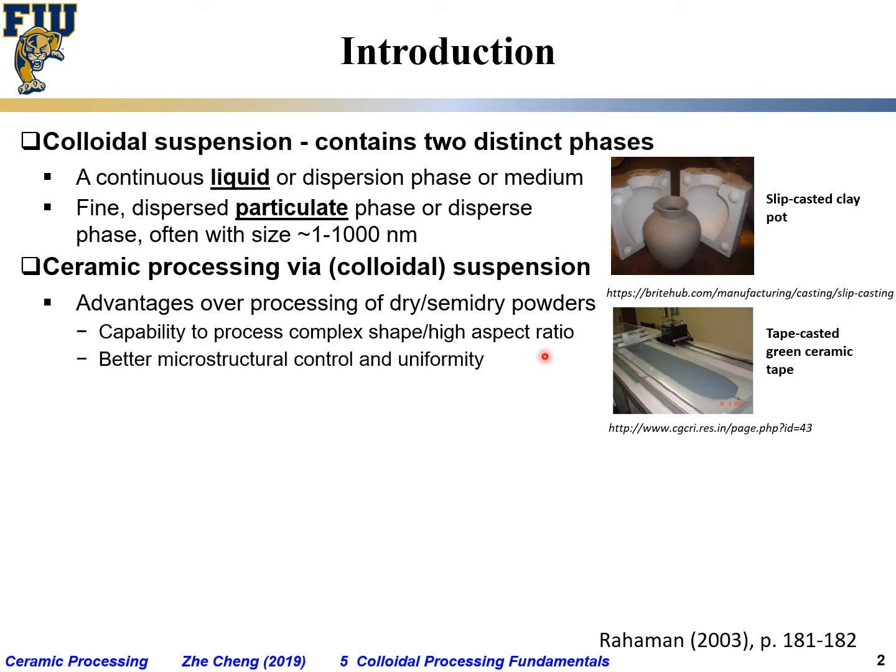The other advantage is I would have better microstructure control, especially in terms of the uniformity in the microstructure, because we are dealing with a hopefully uniform colloidal suspension, fine particles.